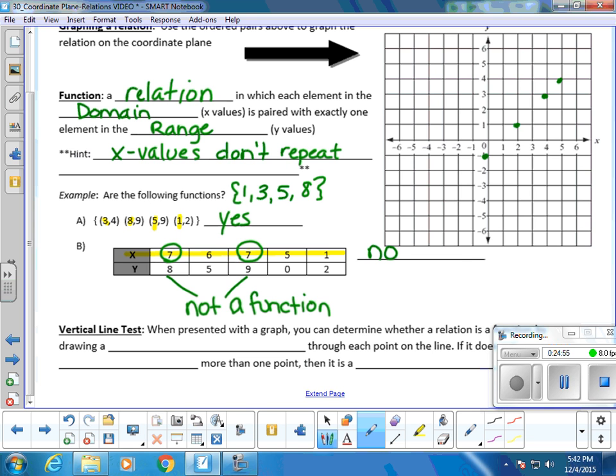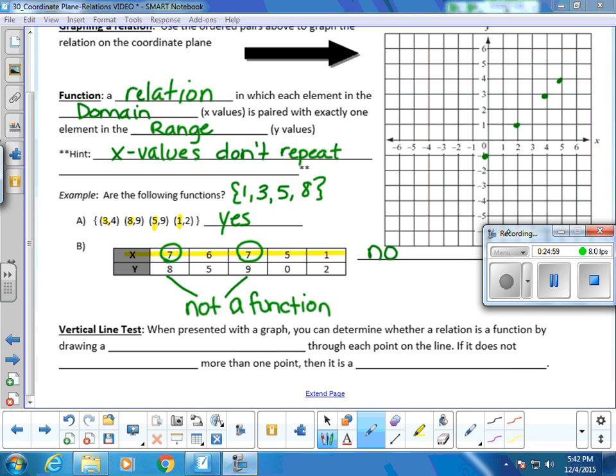One other really easy way, if you're given a graph, instead of having to go and find all of the different points, you can do what's called a vertical line test. That means that when you're presented with a graph, this only works with a graph, you can determine whether a relation is a function by drawing a vertical line.